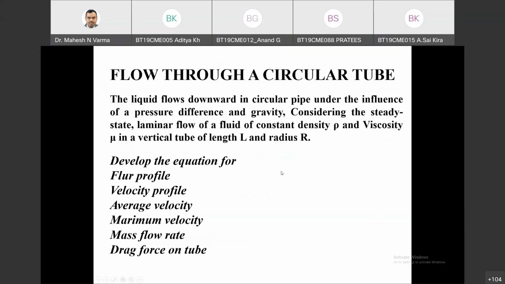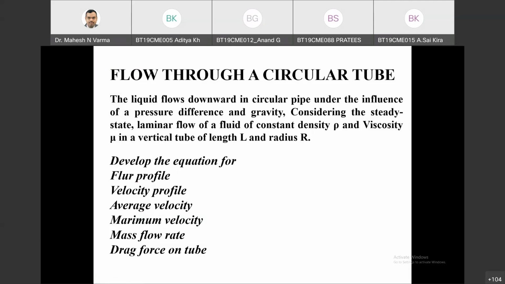So take down this problem. Only this much data is given. A liquid flows down a circular pipe in the downward direction under the influence of a pressure difference as well as gravity. Pressure can be given by external agencies also.